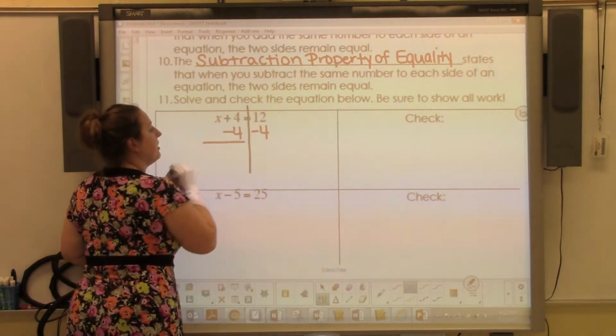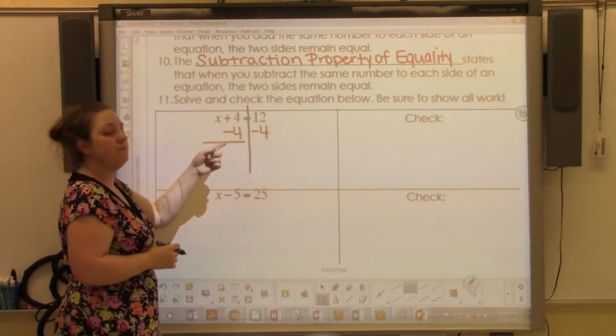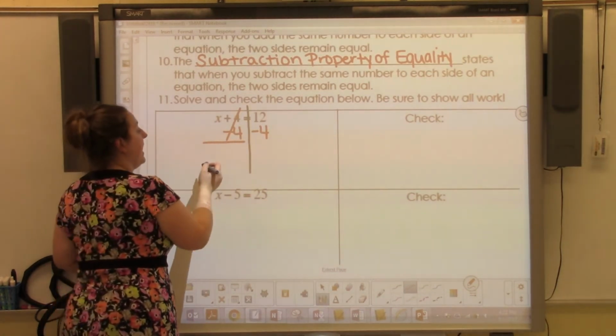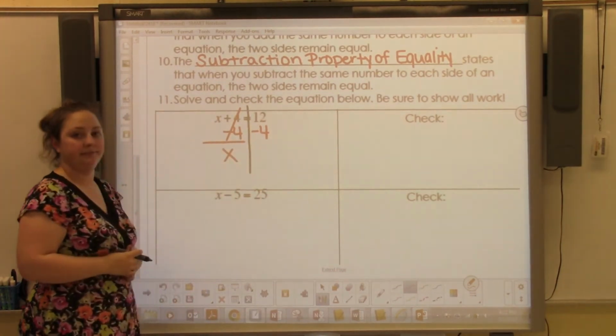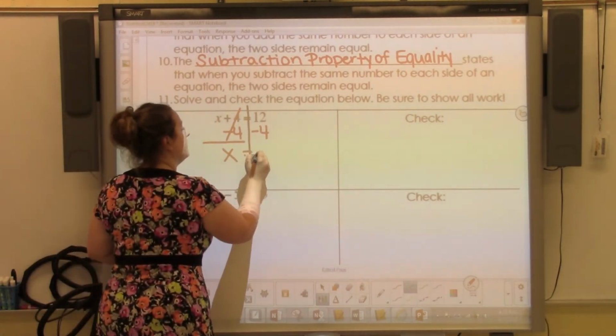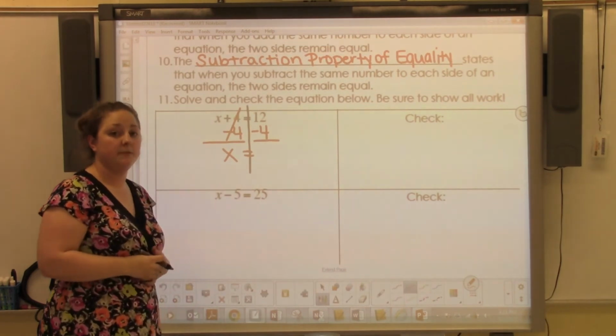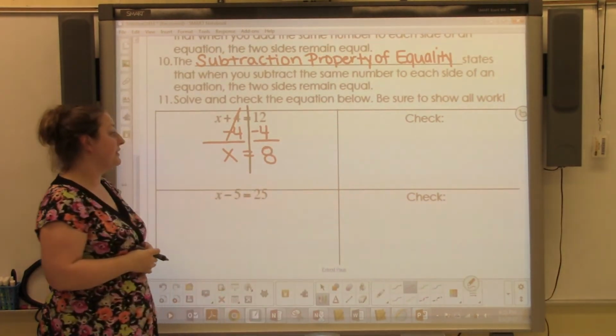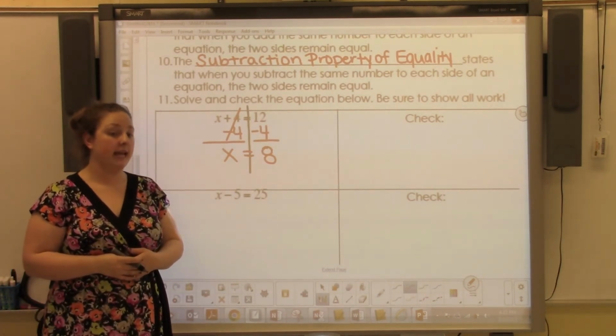When I subtract 4 on the left-hand side, adding 4 and subtracting 4 gives me 0. So I have x over here, because x plus 0 is simply x. On the right, 12 minus 4, hopefully you know, is 8. So my answer is x is equal to 8.